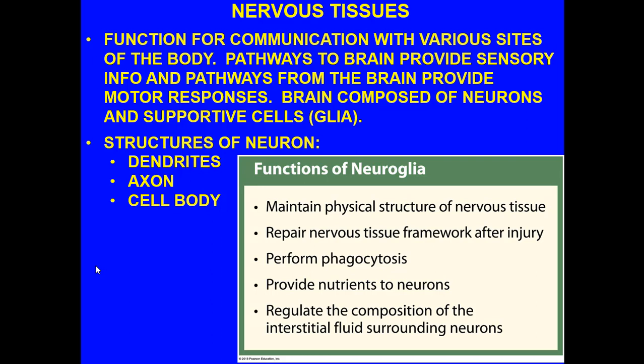The structures of a neuron consist of dendrites, axon, and cell body. The functions of neuroglia are to maintain the physical structure of the nervous tissue, repair nervous tissue framework after injury, perform phagocytosis, provide nutrients to neurons, and regulate the composition of interstitial fluids surrounding the neurons.